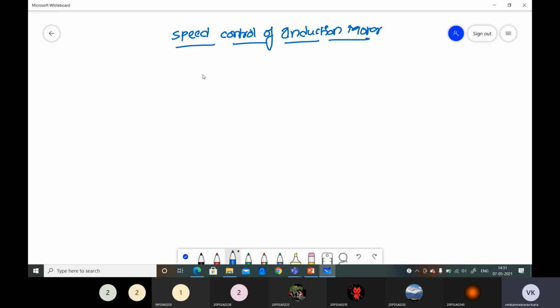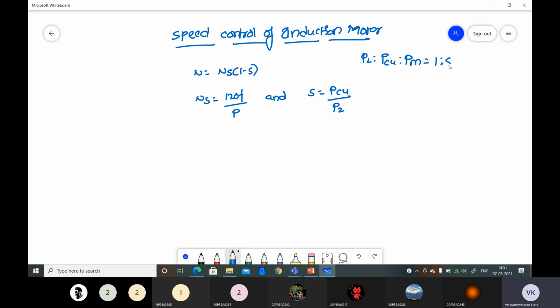Thus the speed of the rotor of the induction motor is N = Ns(1 - s). Here Ns = 120f/P, and slip in terms of power is P copper by P2. This is from the relation P2 : P copper : P mechanical = 1 : s : (1 - s).